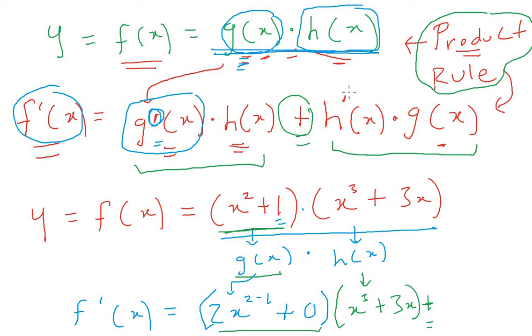In the second part, we are differentiating the second function h(x). As you can see, we have an x cubed, so we apply the second rule: the power comes in front, power minus 1. And we move on to 3x.